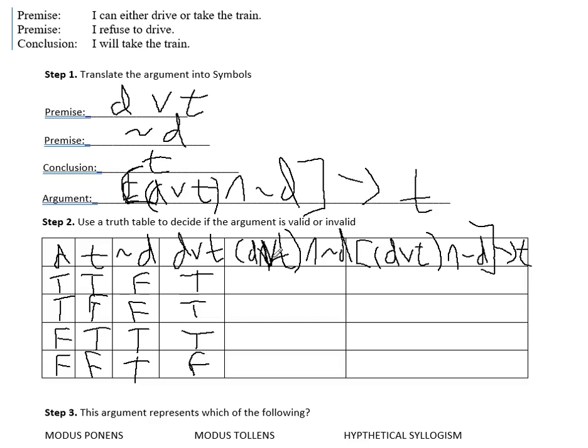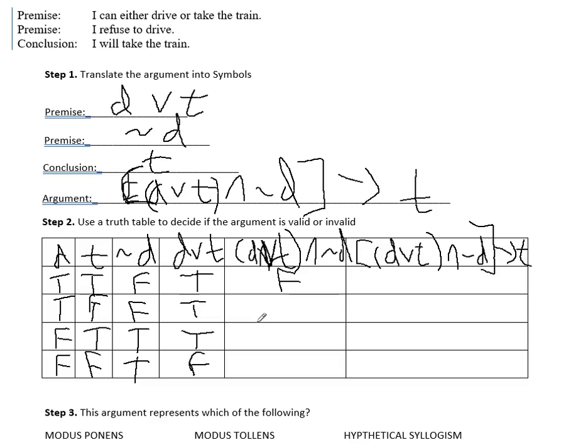Now we have the truth values of D or T and not D. So we're looking at the column with not D and the column with D or T, and comparing those. An AND statement is only true if both parts are true. So here, both parts are not true. Not D is false, so the AND statement is false. Again, both parts are not true.